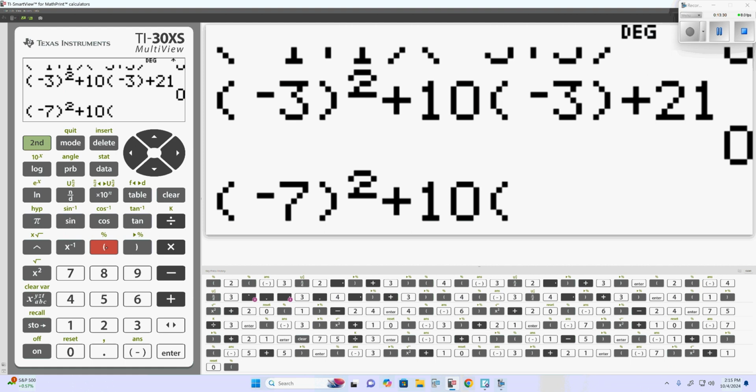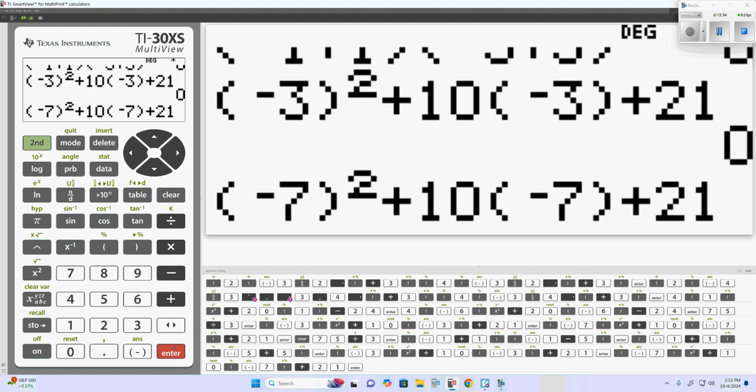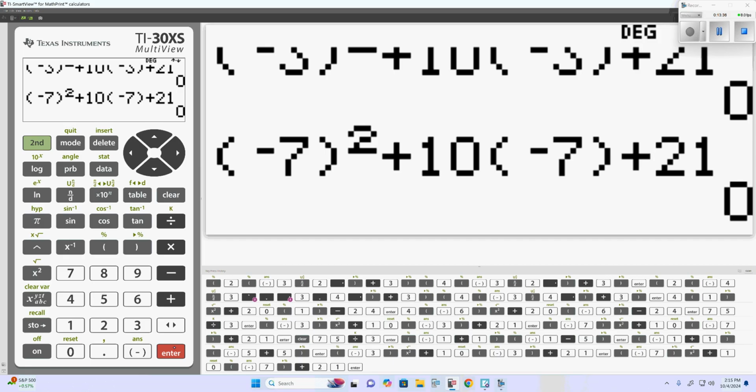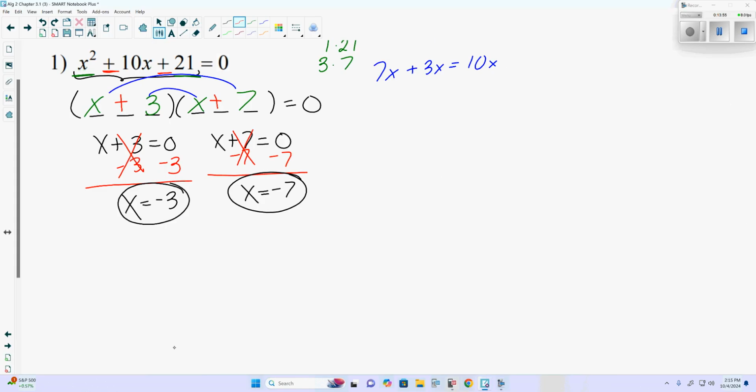Now, I will say, especially when you plug this in, make sure to have parentheses around that x squared term, because if you don't put the parentheses around the negative 7 squared, it will not give us the correct answer, because it doesn't see it as negative 7 being squared. It sees it as negative 7 times 7, or negative space 7 squared. We need the parentheses for it to understand that we're multiplying the negative and the 7 by itself.